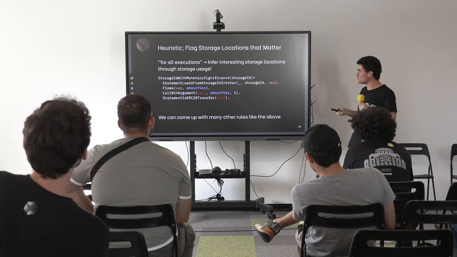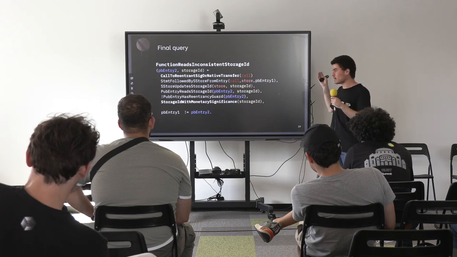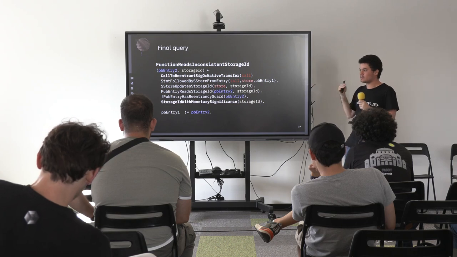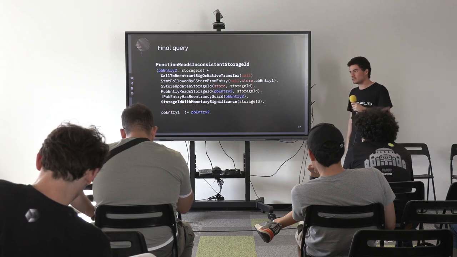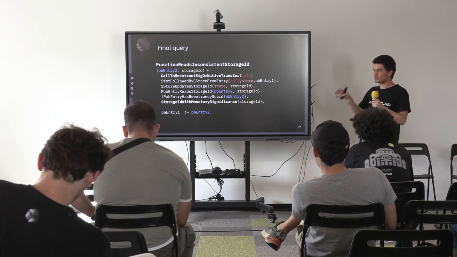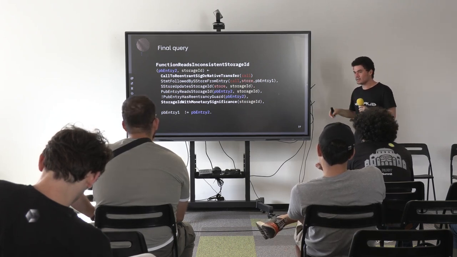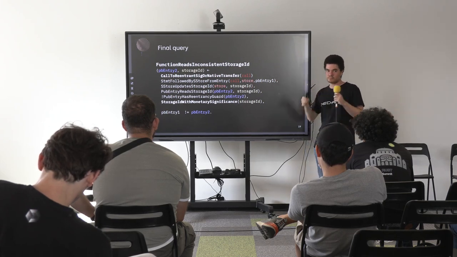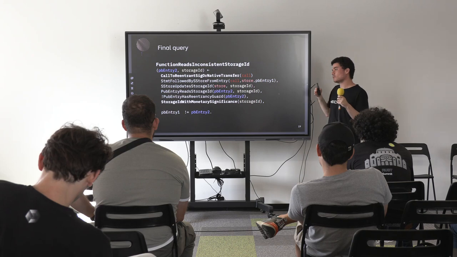And this is what we do under the hood. So the final query-like snippet that will actually detect many view-only reentrances, but will not cause too many false positives, looks like this one. So we identify a reentrant point when a reentrant signature is being called or a native transfer is being performed.